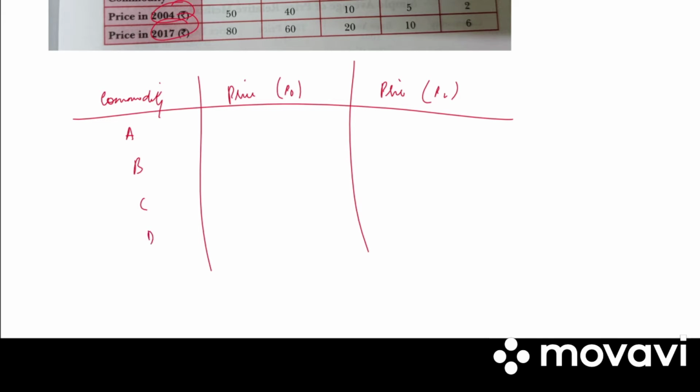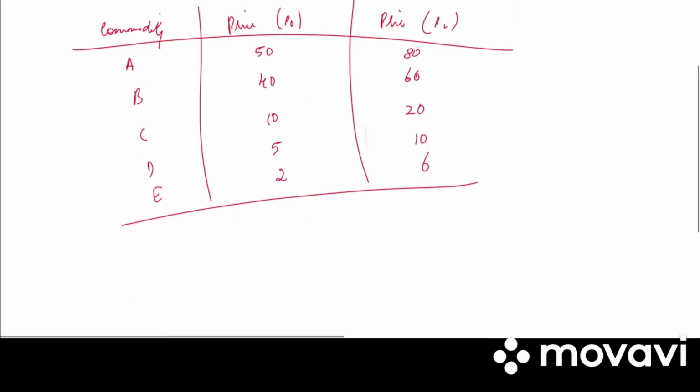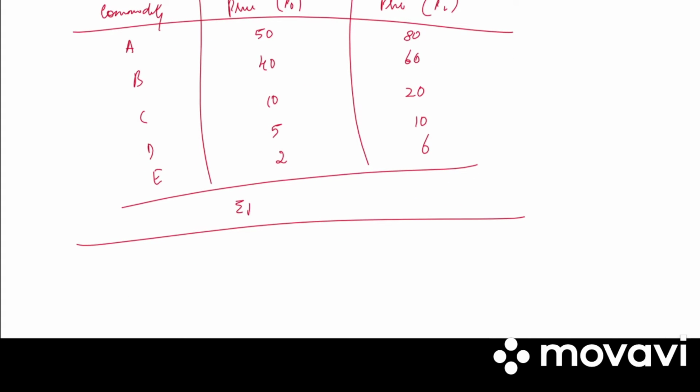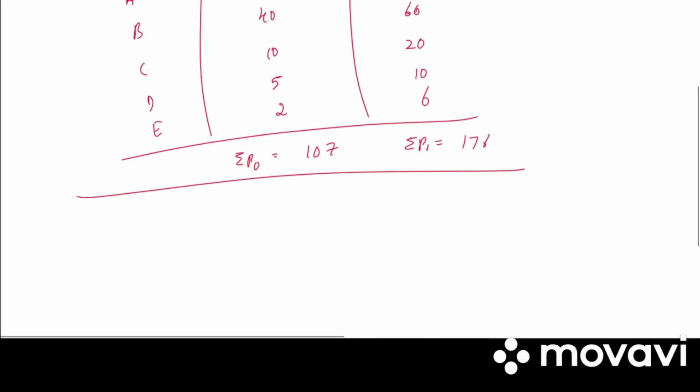So A, B, C, D, E, 50, 40, 10, 5, 2, 80, 60, 20, 10, 6. So summation P0 is 107. You should total it. Summation P1 is 176.